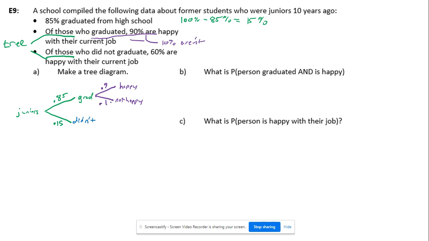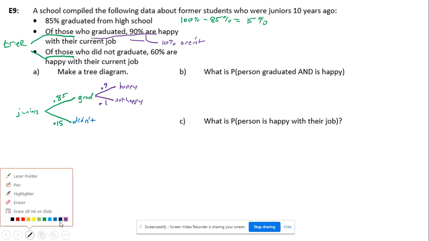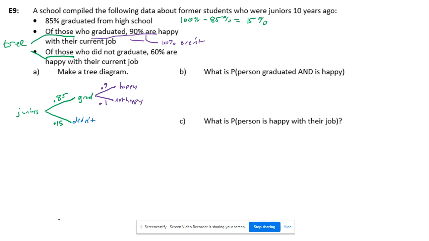So that's going to be 0.1 right here. Of those who didn't graduate, only 60% are happy. So I've got my happy branch and I've got my not happy branch. 60% of those who didn't graduate are happy, which means 40% are not.